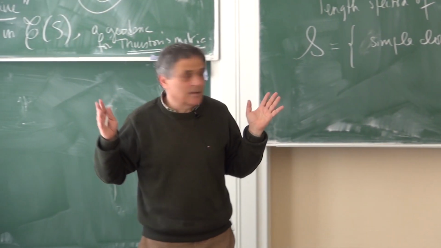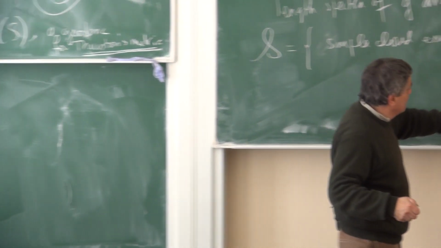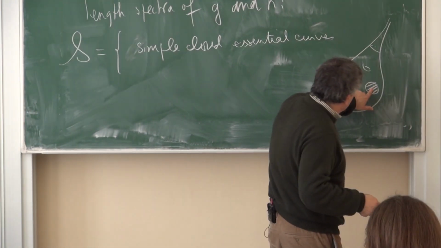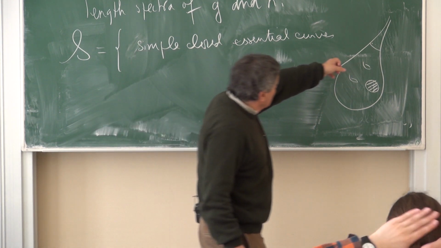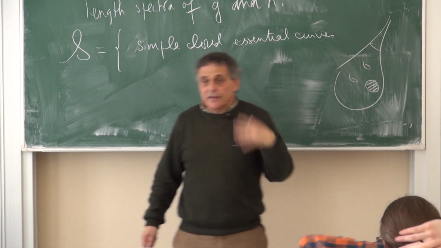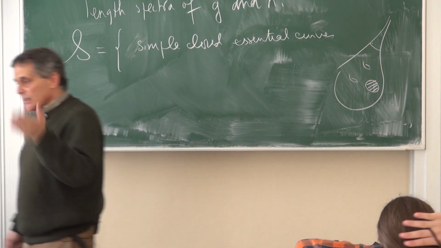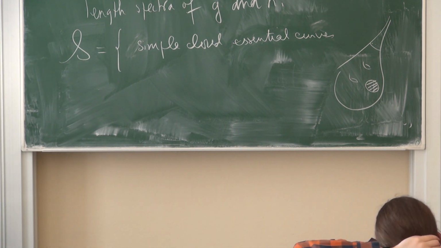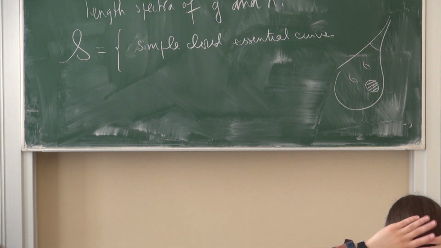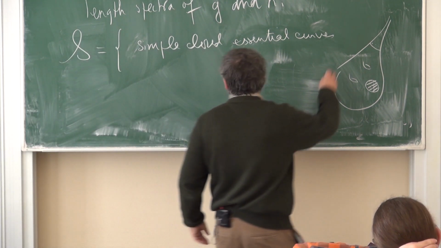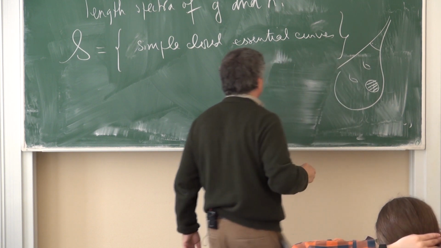But in hyperbolic geometry, if a curve does not bound a disk or is not homotopic to a cusp, then there is a unique geodesic in its homotopy class whose length is the smallest length of the curves in this homotopy class. Anyway, so this is simple closed essential curves.